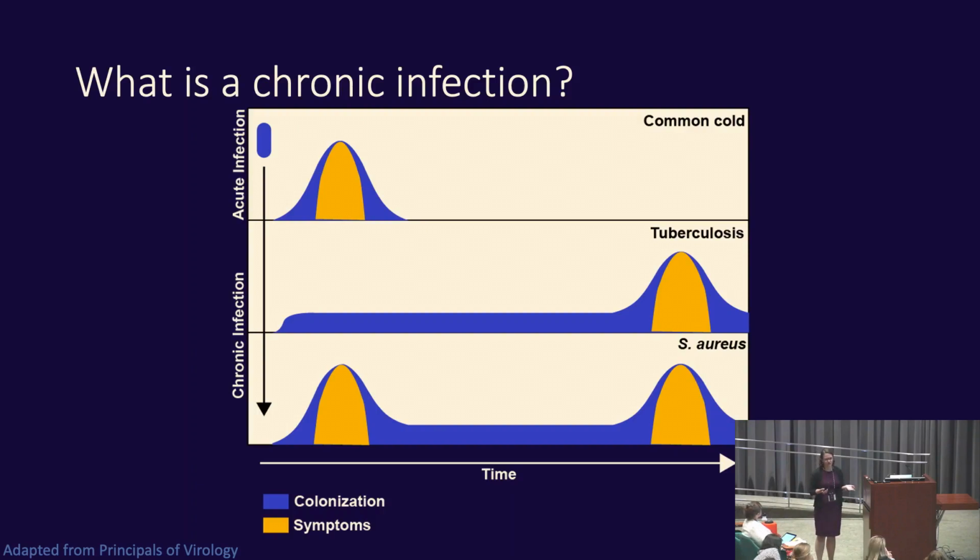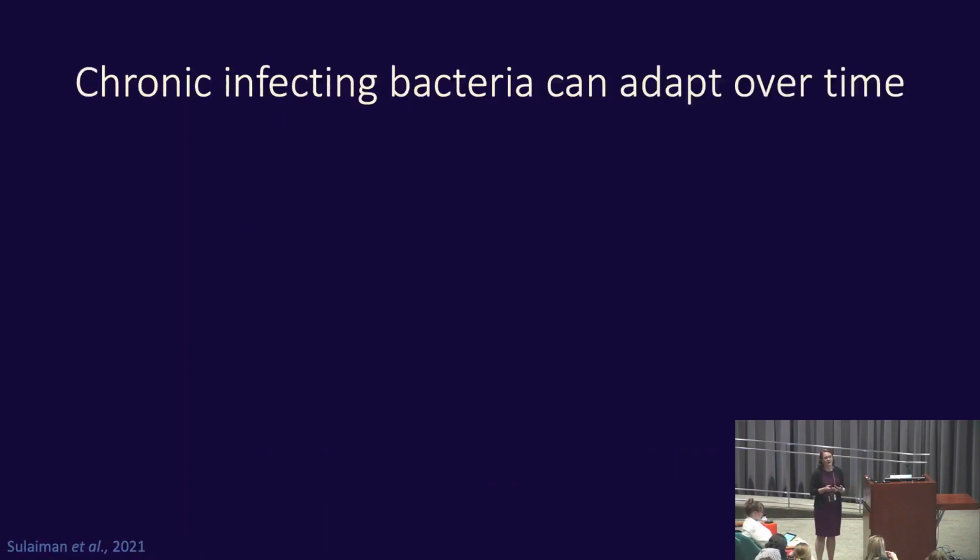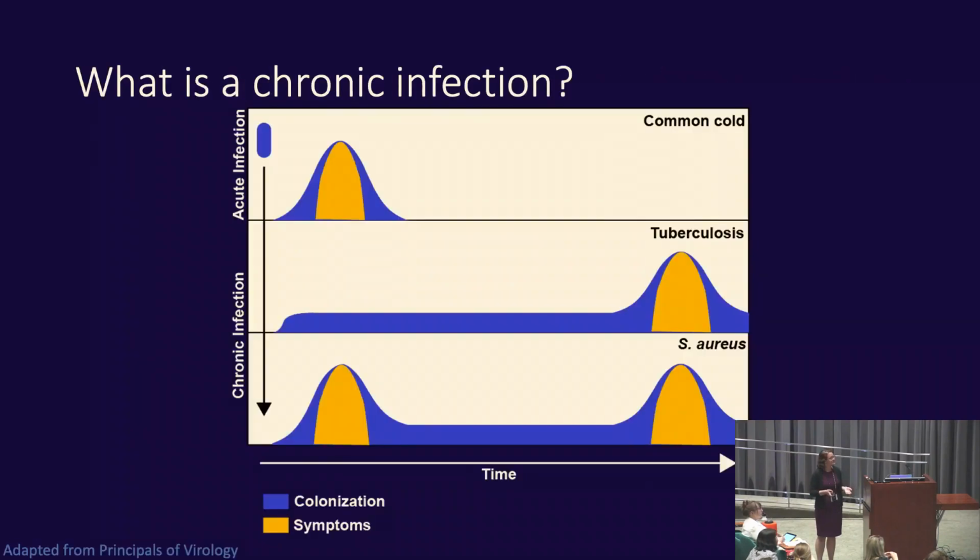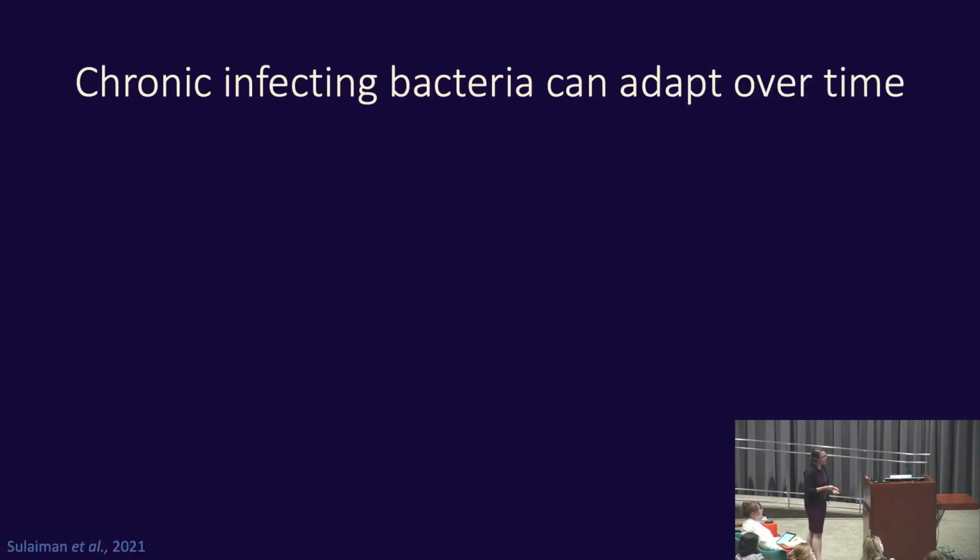Now, the problem with these long-term colonizations is they have high economic burden. Not only is treatment more costly and more common, patients have reduced productivity because they're sick repeatedly. And this has a large economic burden, almost $1 billion in the US per year. But what I'm interested in is the fact that these bacteria are present for long periods of time.